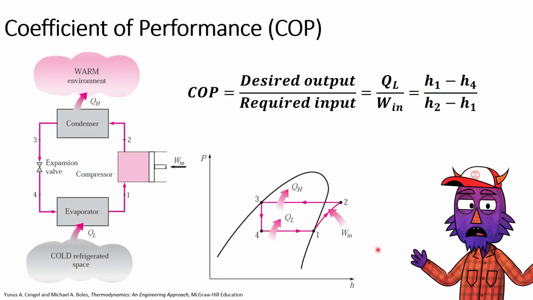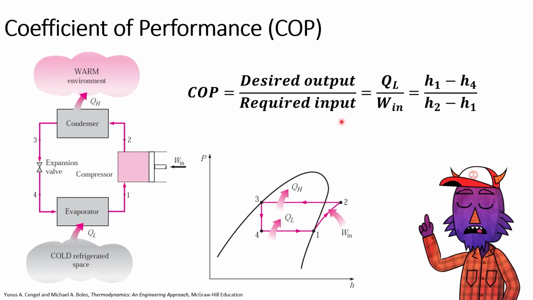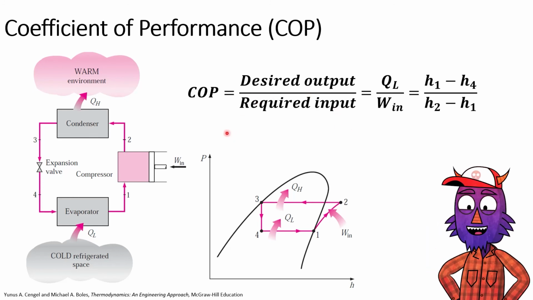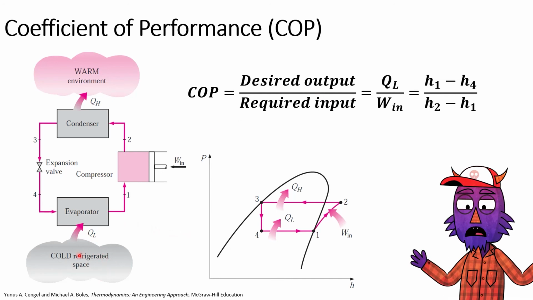When it comes to the performance parameters of the refrigerator, we define a parameter known as the coefficient of performance, or COP. COP is defined as the ratio between the desired output over the required input. The desired output for a refrigerator is the amount of heat absorbed from the internal environment of the refrigerator, or simply the evaporator heat absorption, QL.